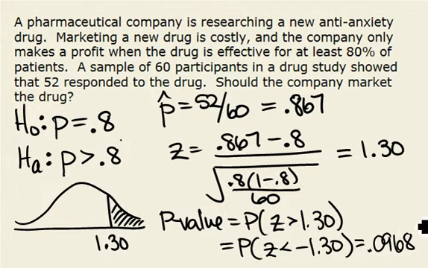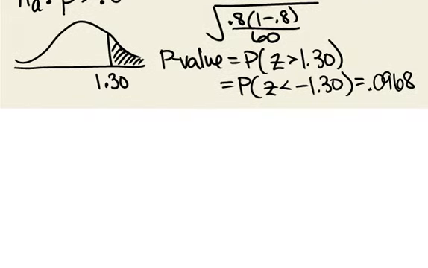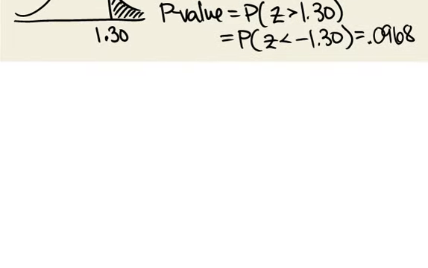That's bigger than a 5% level. There's not a level stated here, but if not stated, we use 5%. So with our p-value greater than alpha level of 0.05, we are going to fail to reject.